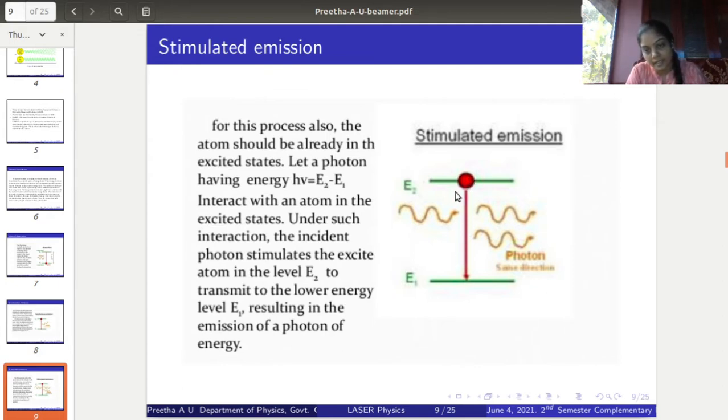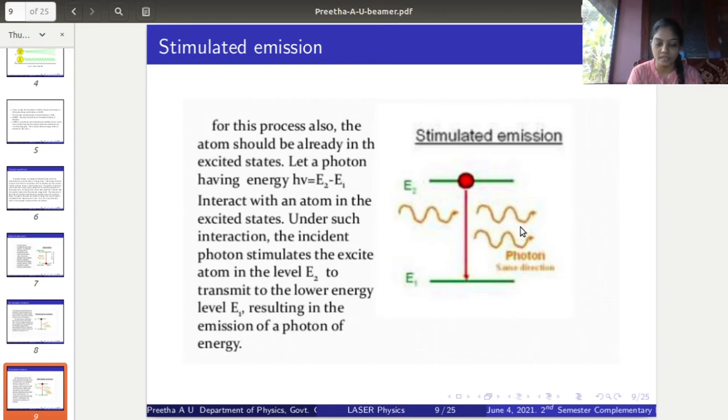This excited atom is stimulated by another photon of energy h nu, which is equal to the energy difference of the excited and ground state energy levels, and so the excited atom emits its extra energy in an enhanced manner. This process is known as stimulated emission.